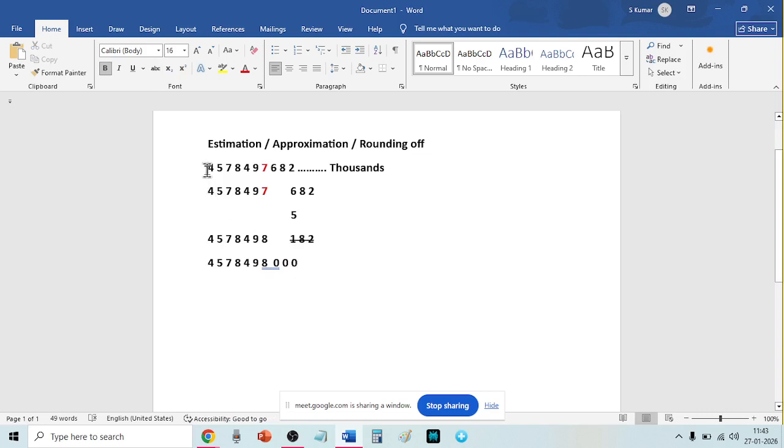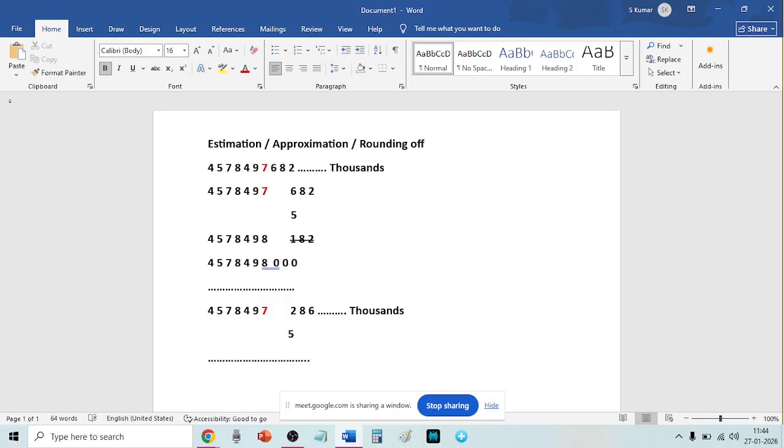But supposing the same number is given as 4, 5, 7, 8, 4, 9, 7, 2, 8, 6. Again, this part is 1000. So now we will put 5 under 2. Now there is no carry. 2 and 5, 7. There will be no carrying.